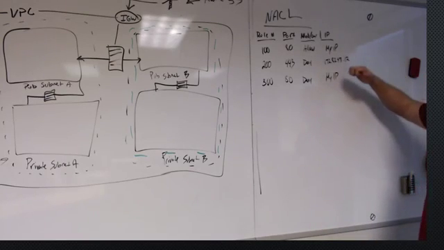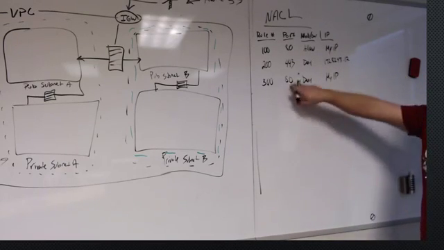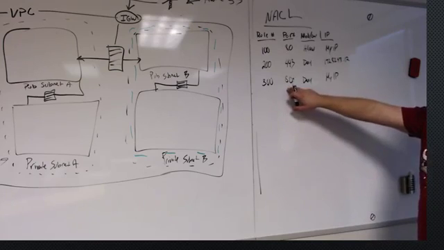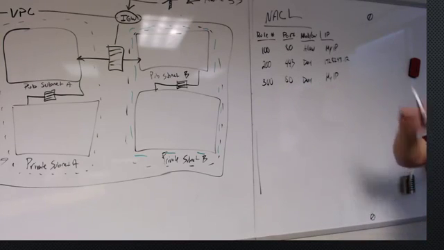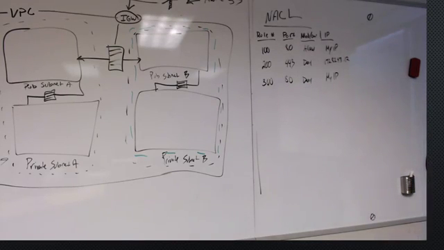But on rule 300, on the same port, I am not allowed. Would I get through? A lot of people are saying yes, but there's mixed results. And the answer is yes, I would still get through.